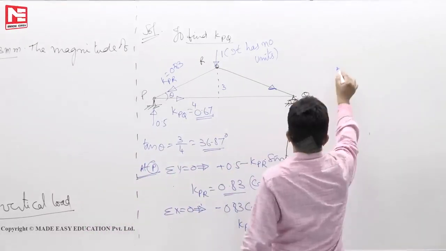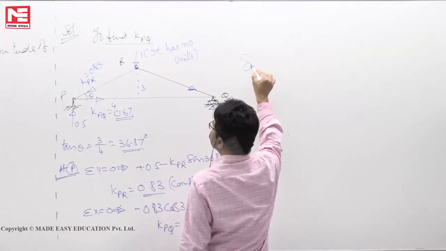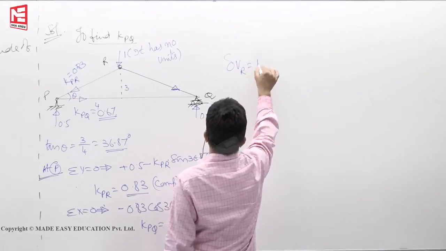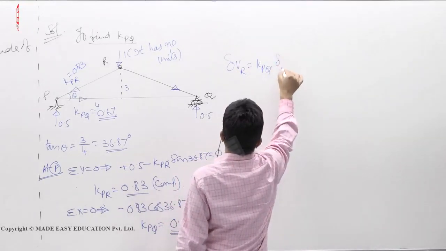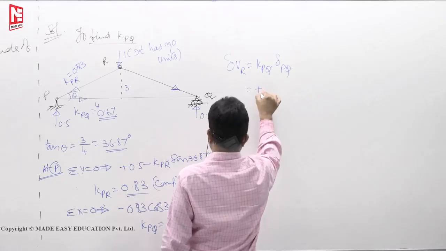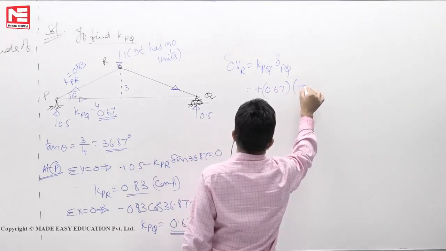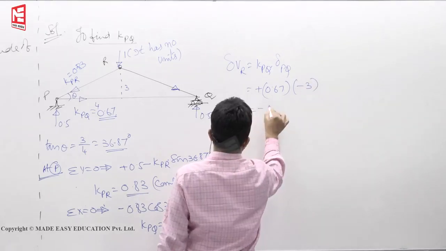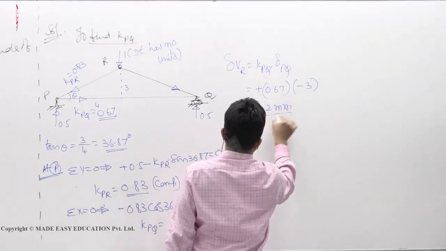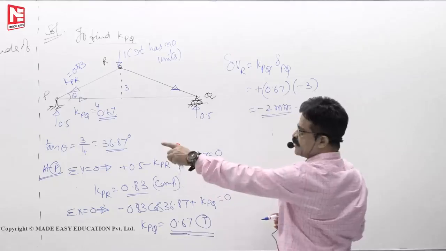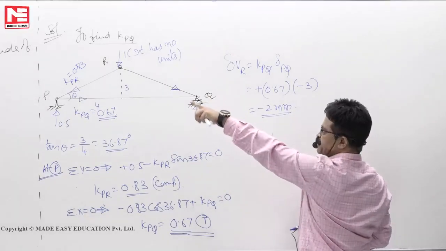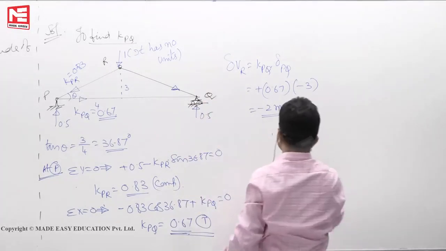Now once KPQ is known, we can calculate delta vertical displacement of R. KPQ delta PQ is plus 0.67 into minus 3. So you will get minus 2 mm. Now the negative sign indicates that the vertical displacement is not downward, it is opposite to the vertical load.